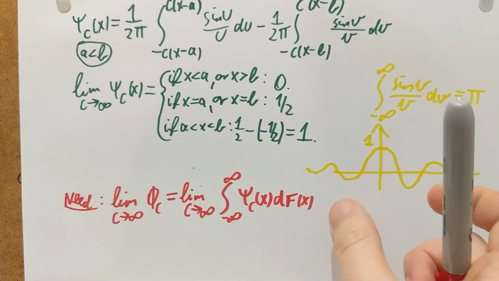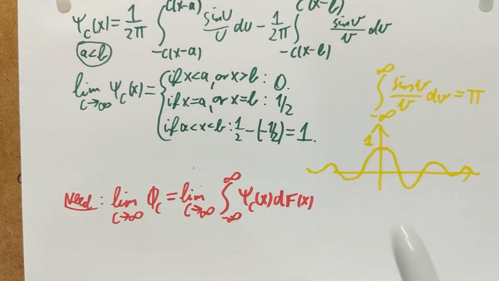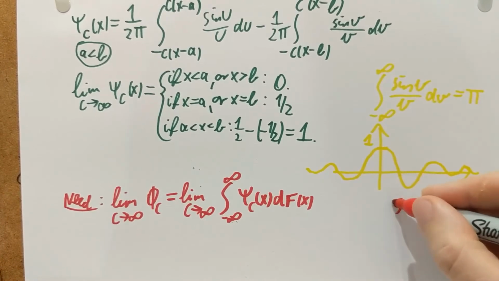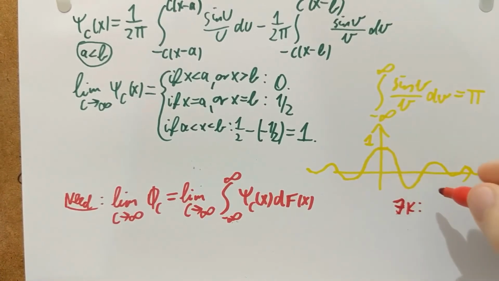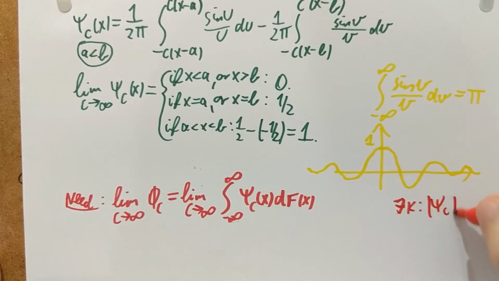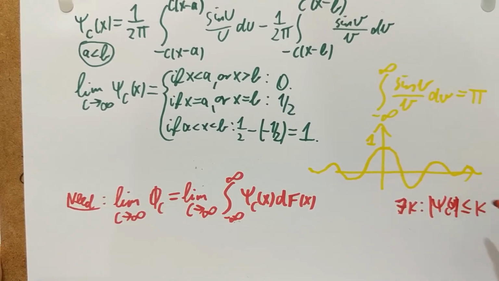When you integrate over a symmetric interval, this will never blow up. So this psi has an absolute constant in it. There exists some k, this is purely analysis, nothing random here, such that psi of c is bounded by k for every x. No matter what x is, there is a common k, so that we have this bound. This is uniform in x.